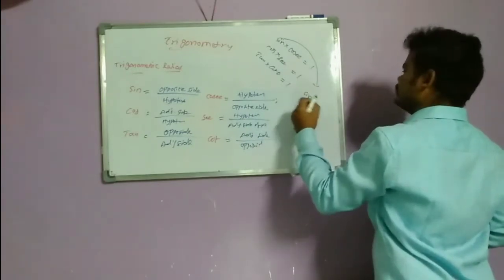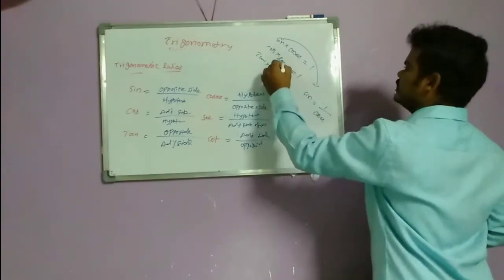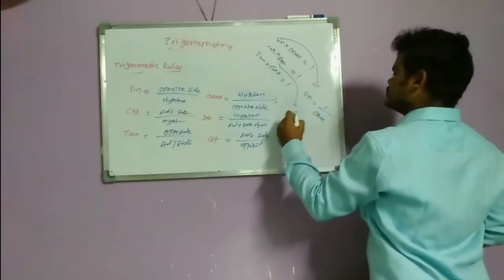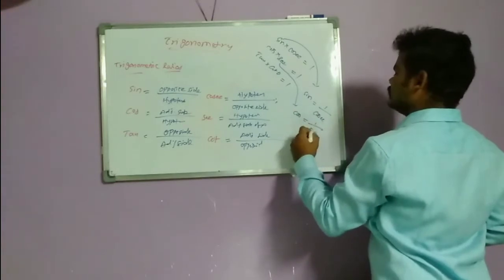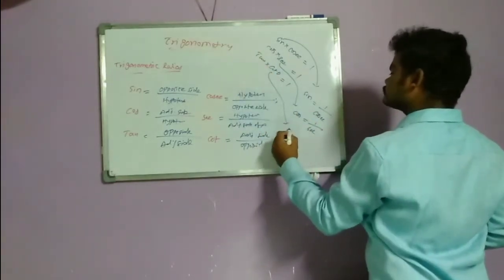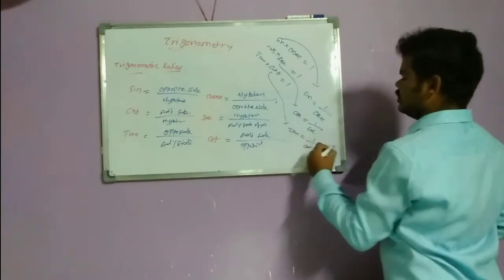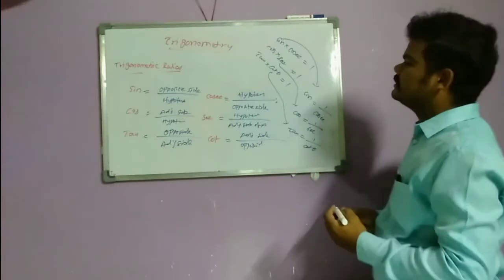This can also be written as sine is equal to 1 by cosecant, cos is equal to 1 by secant, and tan is equal to 1 by cot. These are the three multiplicative inverses.